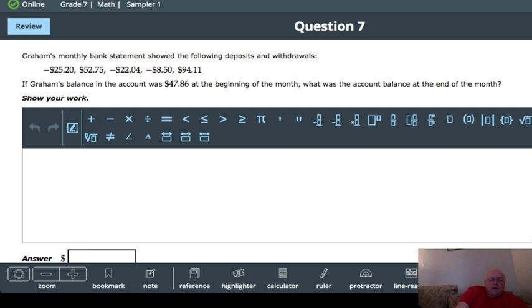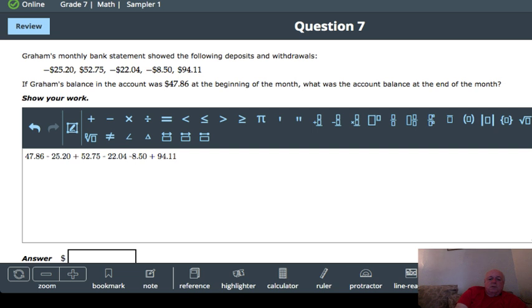So I'm going to have 47.86 minus 25.20 plus 52.75 minus 2204 minus 850 plus 9411.